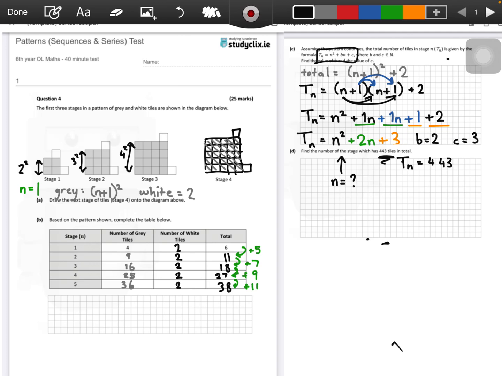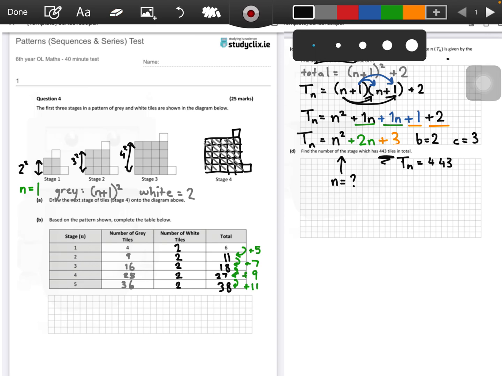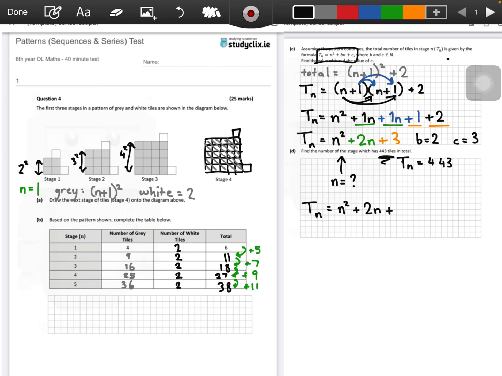Now this would be difficult except for the fact that we have now found an equation in n. So all we need to do here is fill in that equation. My equation, I'll just carry it down, was t of n is equal to n squared plus 2n plus 3.